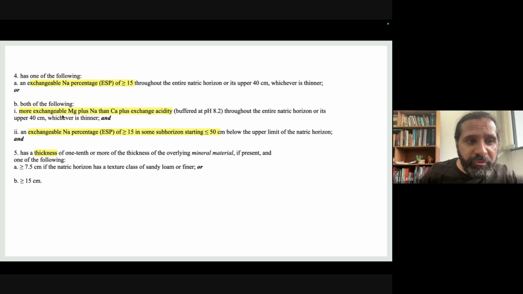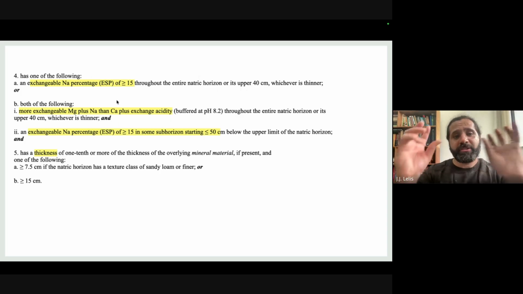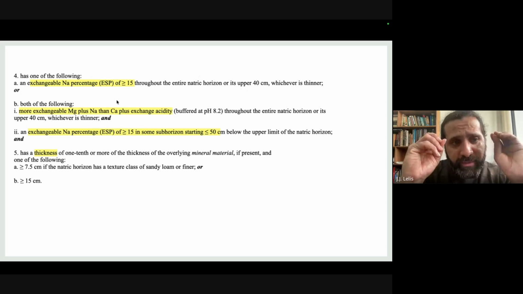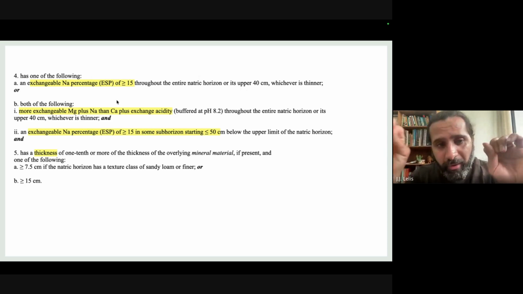Or both of the following. Number 1, I have more exchangeable magnesium plus sodium than calcium. So I just need to compare the content of magnesium, the content of sodium, and the content of calcium.